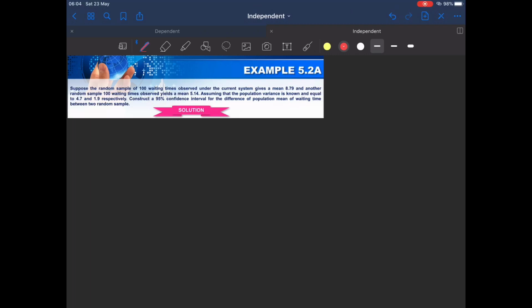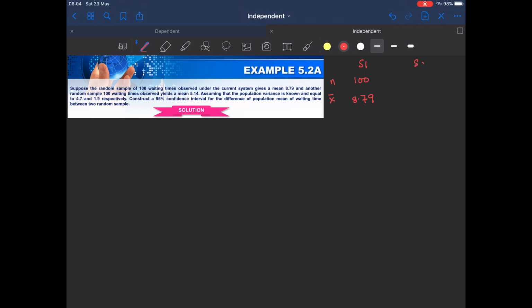From the first sentence, there is information there. There are two samples. For sample 1, the sample size is 100 and the sample mean is 8.79.